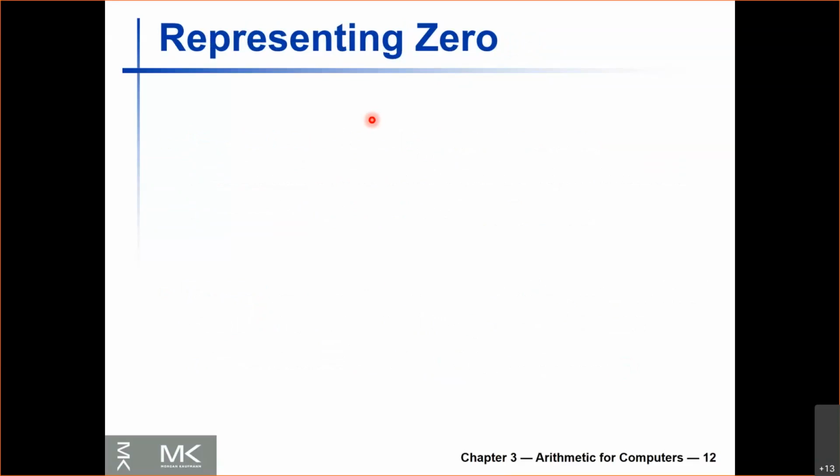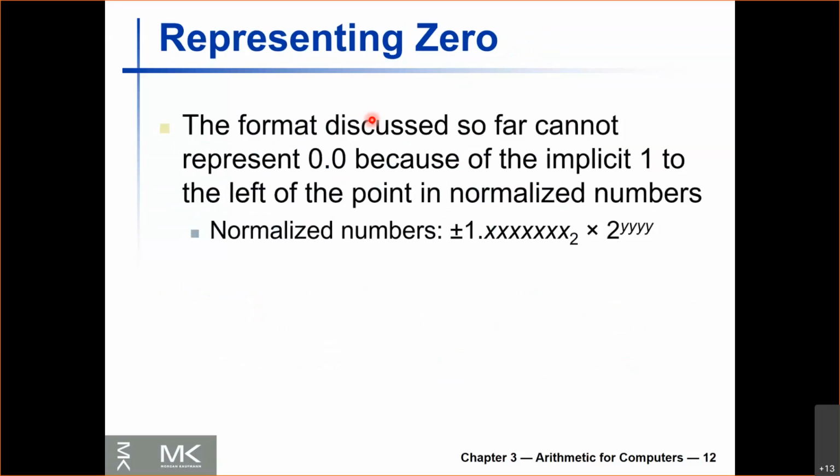To represent 0, first of all, we observed that the format we had cannot represent 0, and the reason is that we always assumed there was this imaginary or hidden 1 to the left of the decimal point, and we were only storing the digits to the right of the decimal point. If you look closely, we can't represent 0 this way because we always have a 1 here. So 1 times 2 to the power of anything cannot be made to be equal to 0.